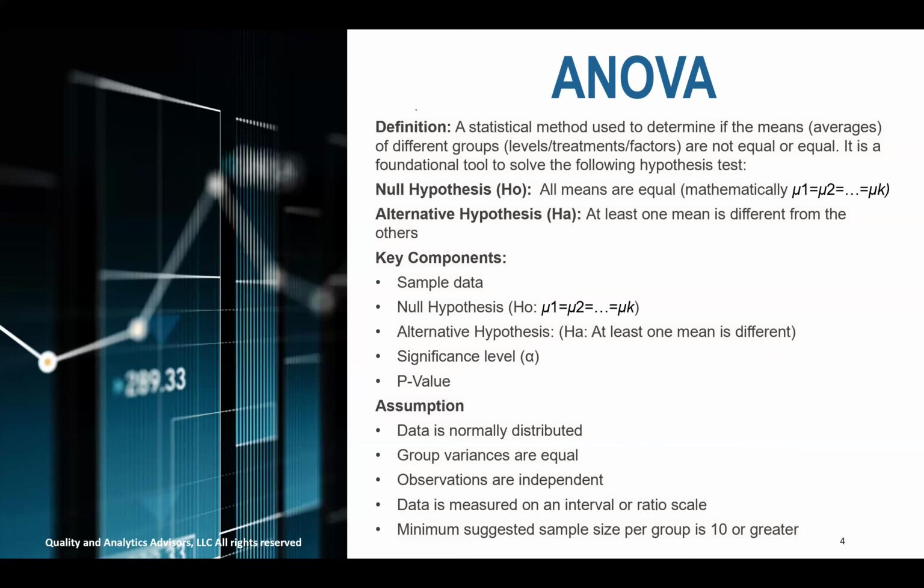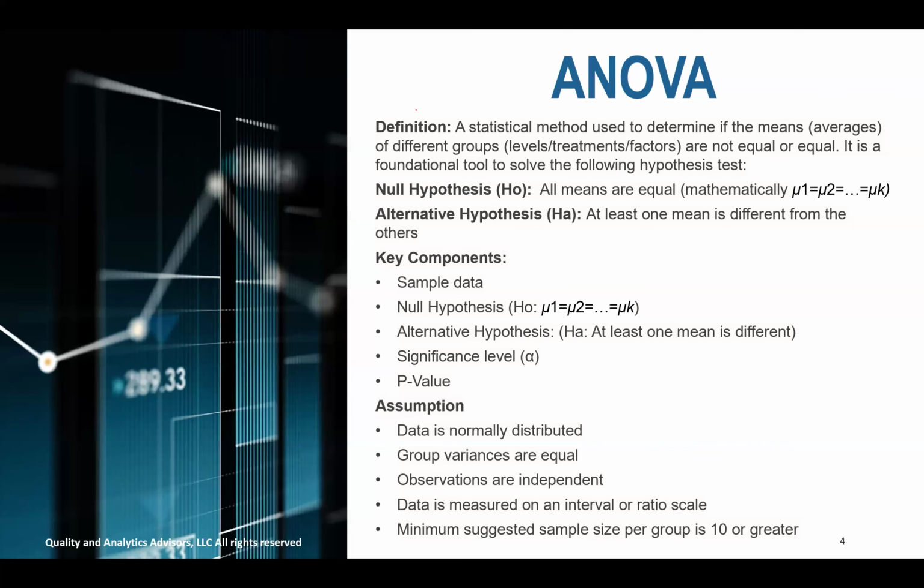I think they do a pretty good job of explaining analysis of variance. First, analysis of variance is a statistical method that we use to determine if two or more means are significantly different.